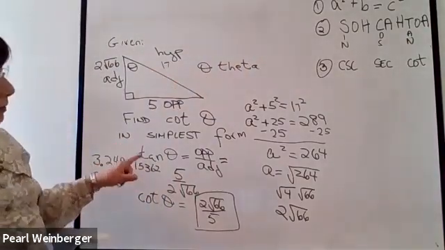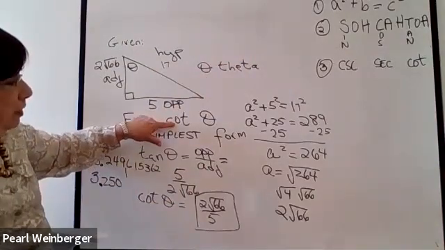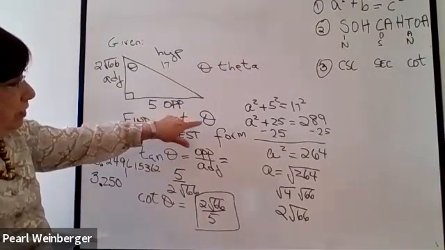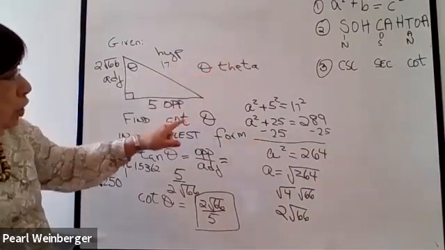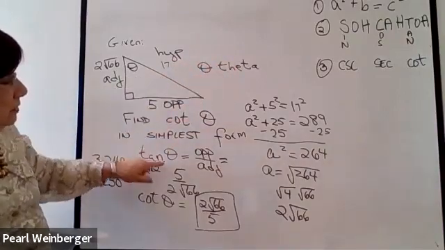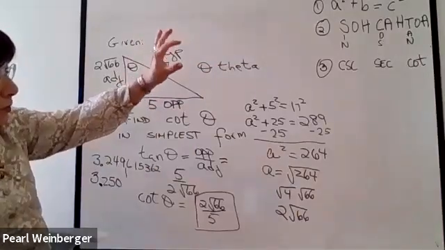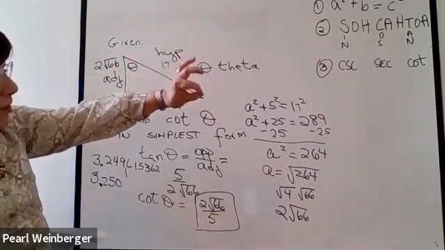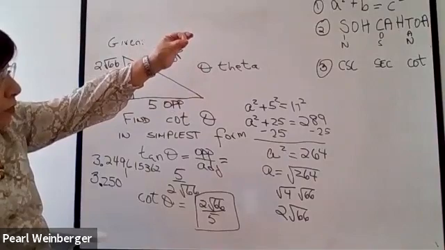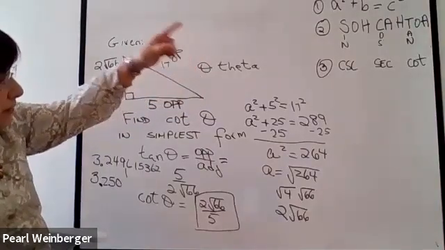Kashira, are you following this? I specifically asked you to figure out what the cotangent of theta was, and I know that the cotangent is the reciprocal of the tangent. Remember, these all come in pairs. The cotangent is a reciprocal of the tangent, the secant is a reciprocal of the cosine, and the cosecant is a reciprocal of the sine.